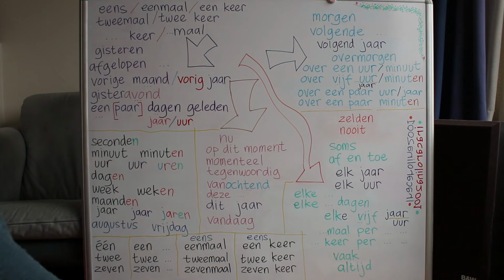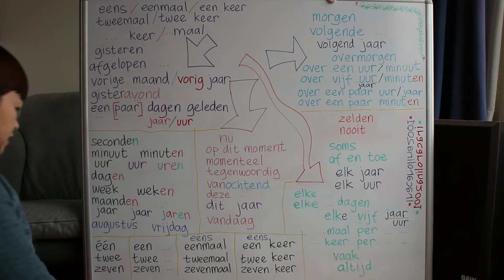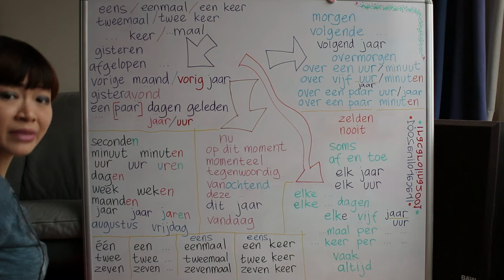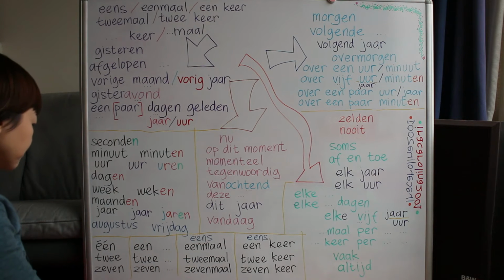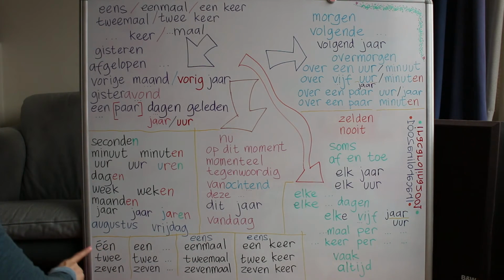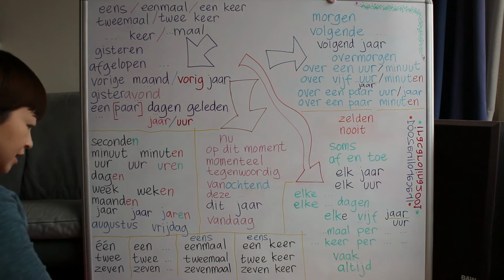Yeah, that's the rule. And this is interesting. If we want to say the number 1, it is een. You put the accent sign on it, or whatever it is. We read this as een.